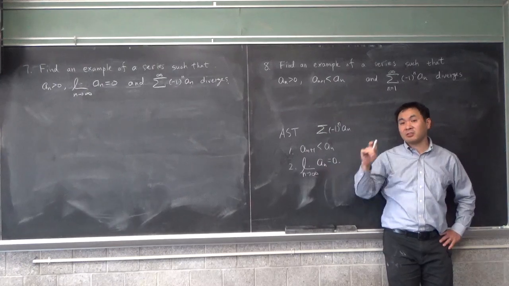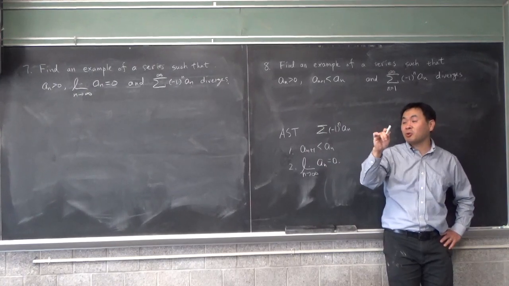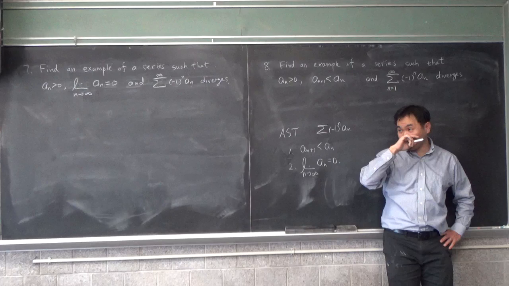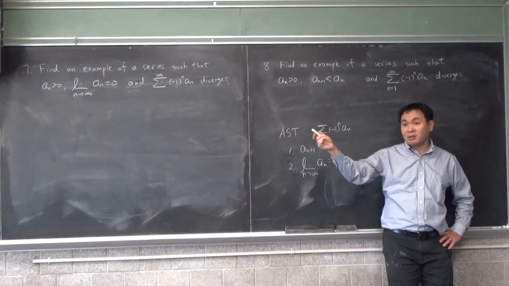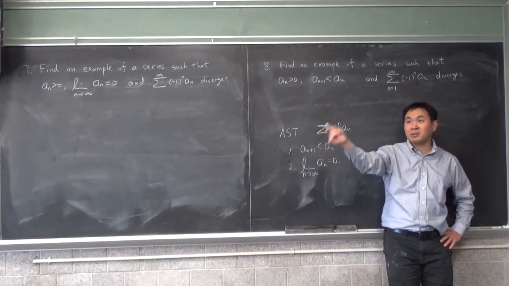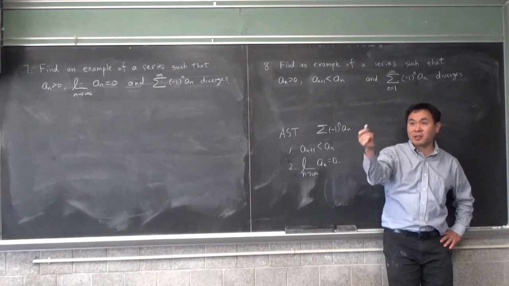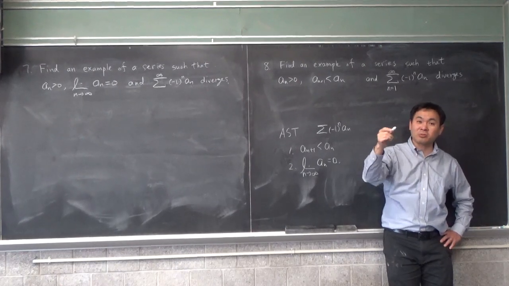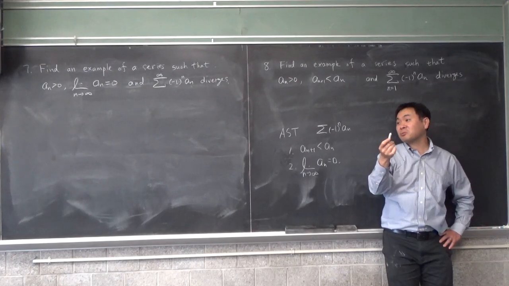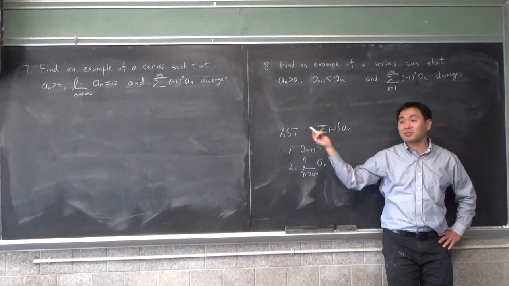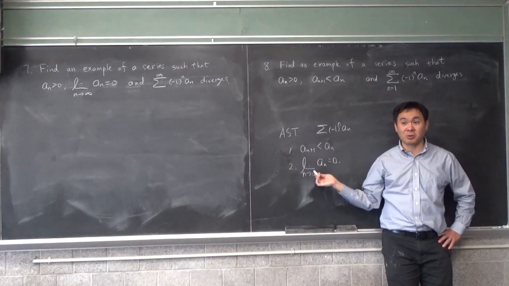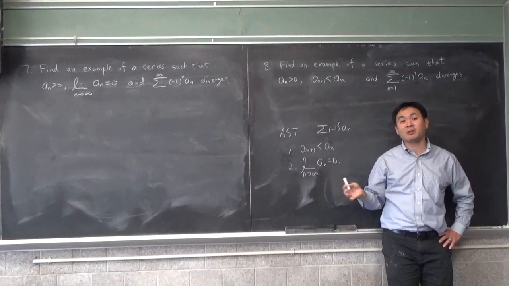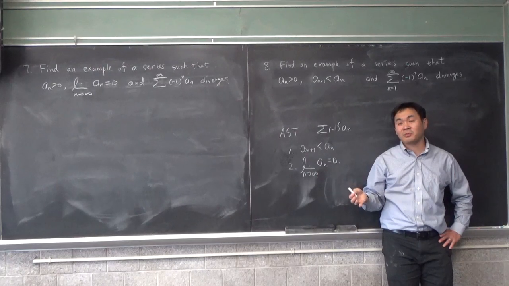The second one says that eventually it gets smaller and smaller to 0. If it's going back and forth and losing energy and getting closer and closer to 0, it's going to converge to some place. That's what the alternating series test tests for.